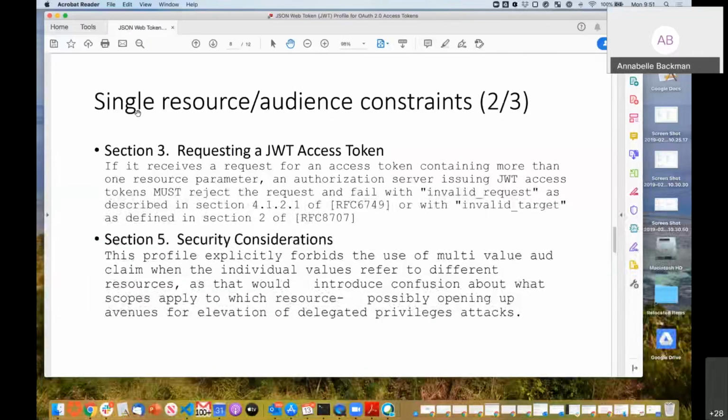And at that point, we probably are going to want to be able to support multiple resources in JOT access tokens. So if you have language here that prohibits that, then how does that work going forward?